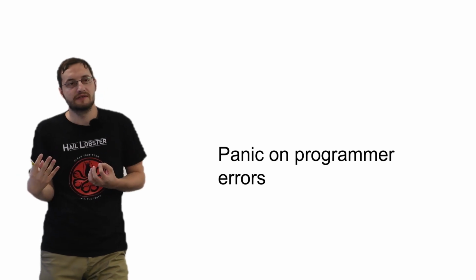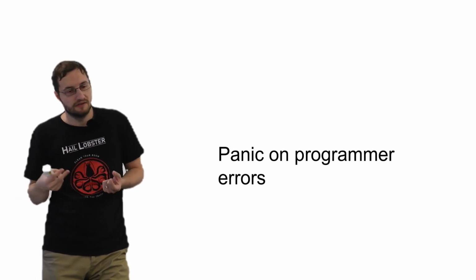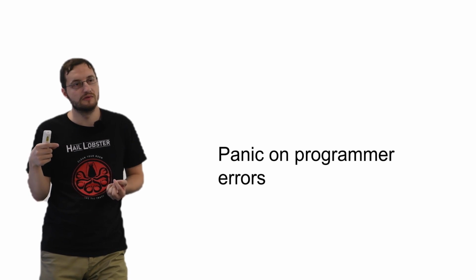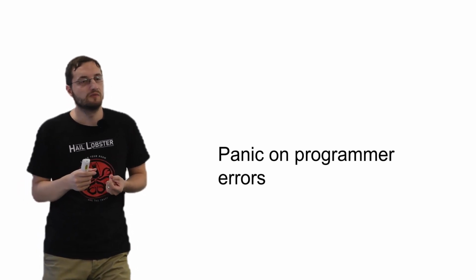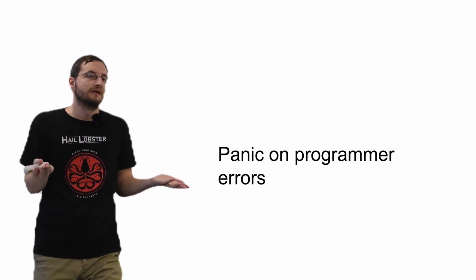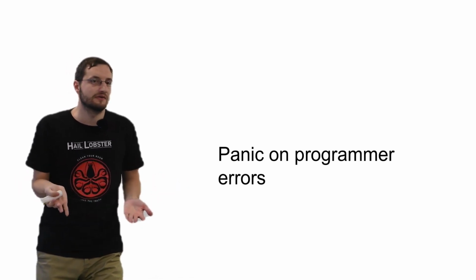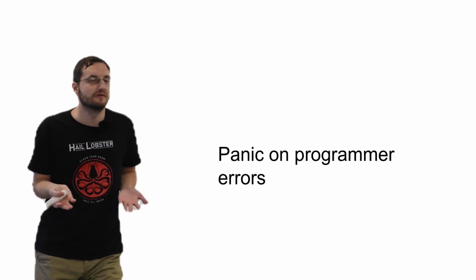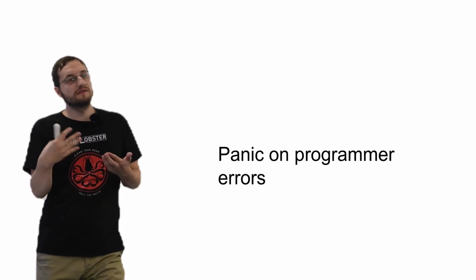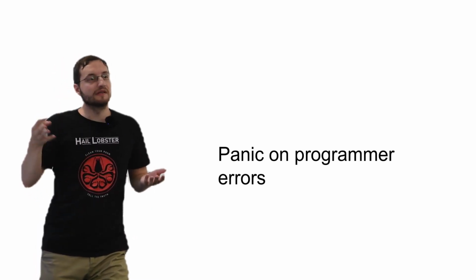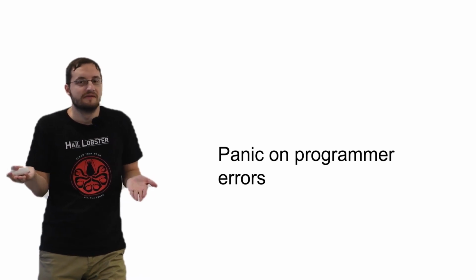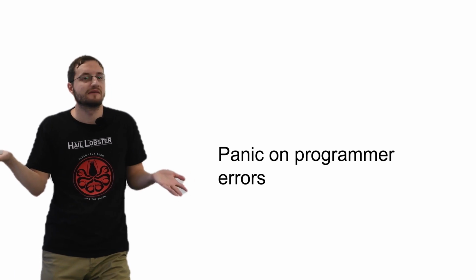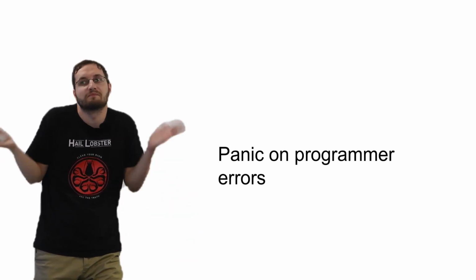Because if you return it, then the callers need to handle this error, and what will they do with the error? They will probably just panic because they don't know how to handle it, or if they decide to propagate it up and show it to the user, what will the user do with something internally failed in the code?